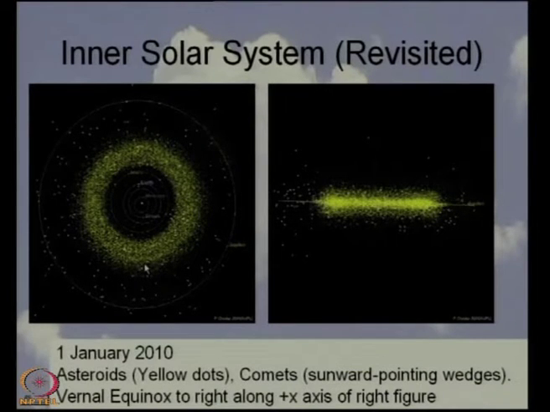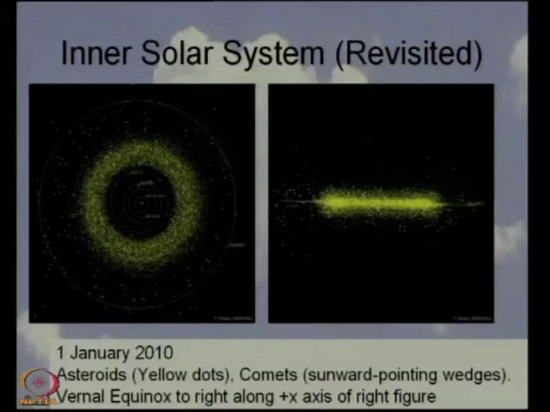So, in addition to the planets, you also have these asteroids and the comets, and you can see that there are a large number of them. The comets are not restricted, whereas the asteroids are roughly restricted over here. The comets are distributed all over space.